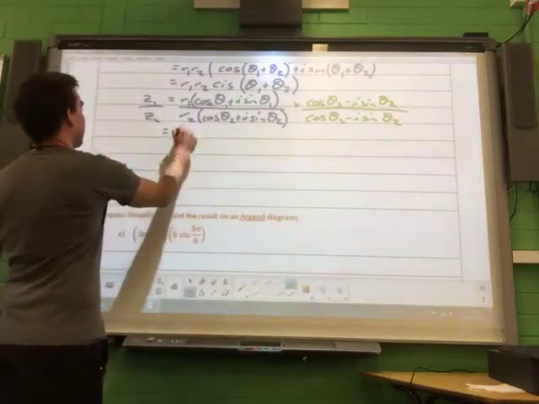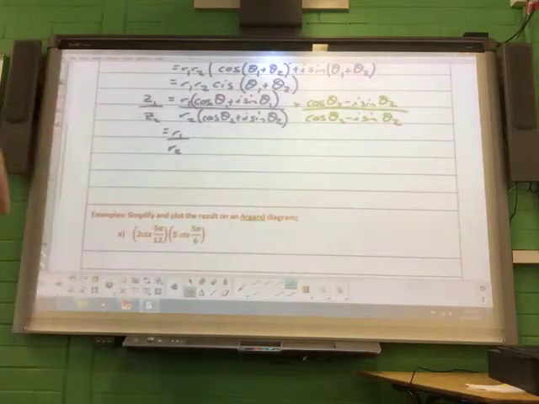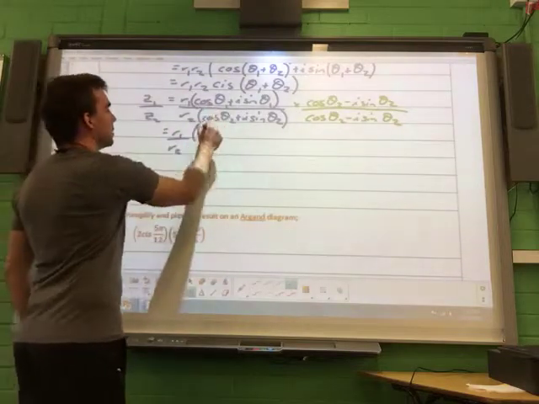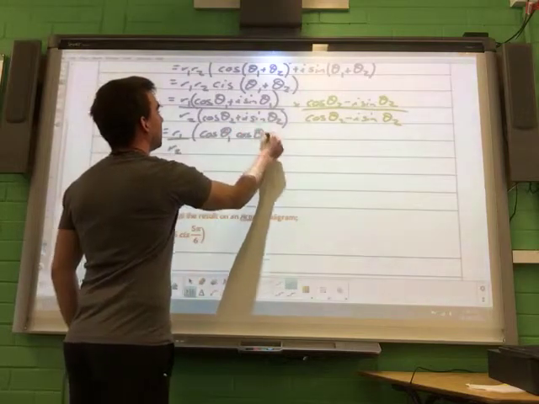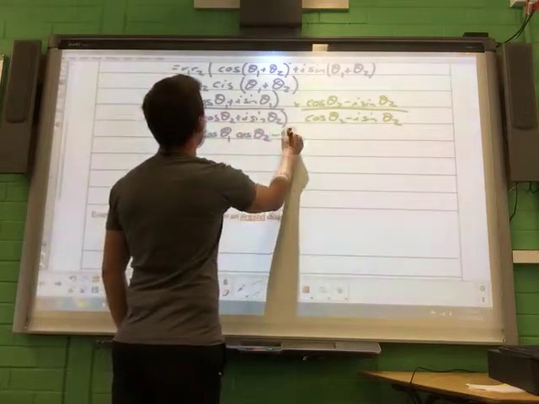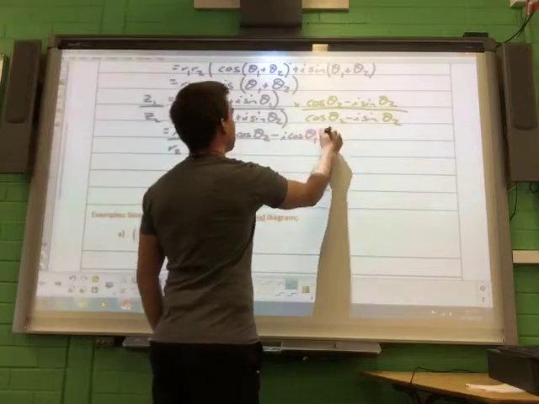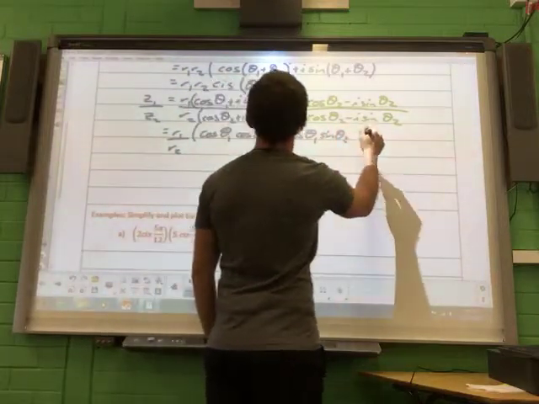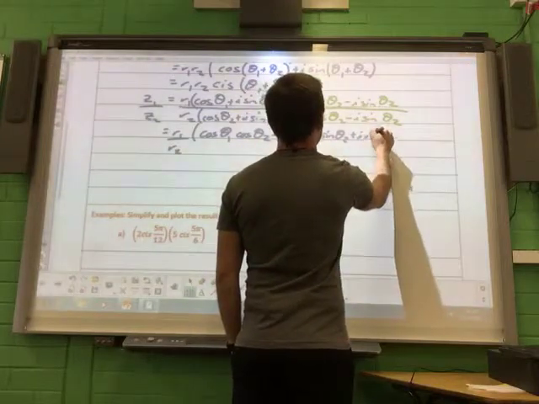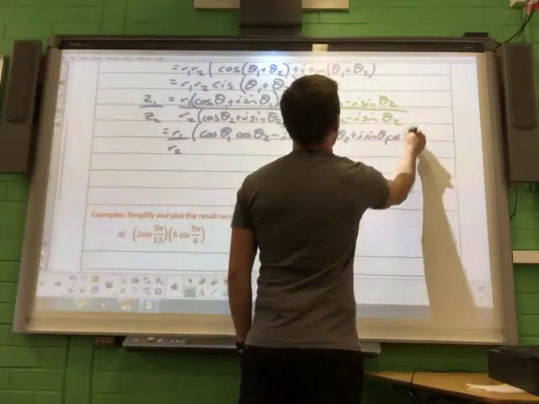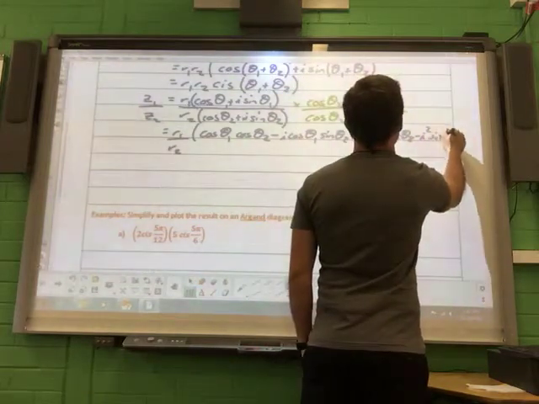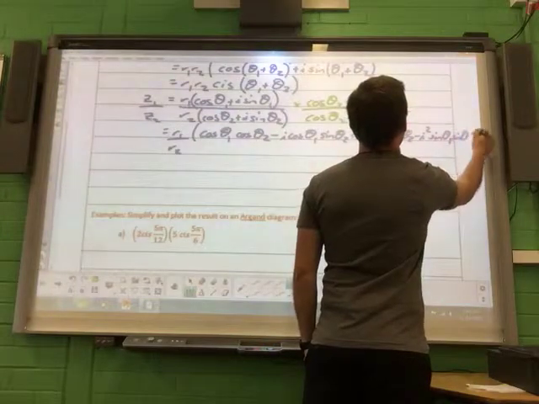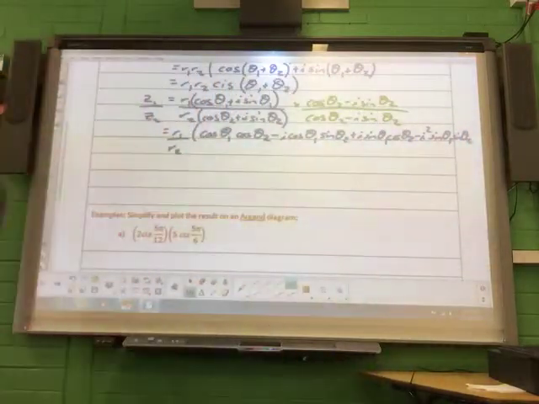Okay, so we've already got the r1 over r2 business there. So cos theta 1 cos theta 2 take away i cos theta 1 sine theta 2 plus i sine theta 1 cos theta 2 take away i squared sine theta 1 sine theta 2, using your FOIL in there.